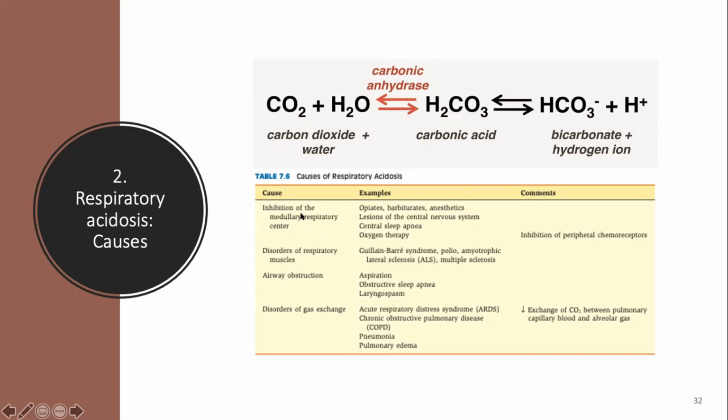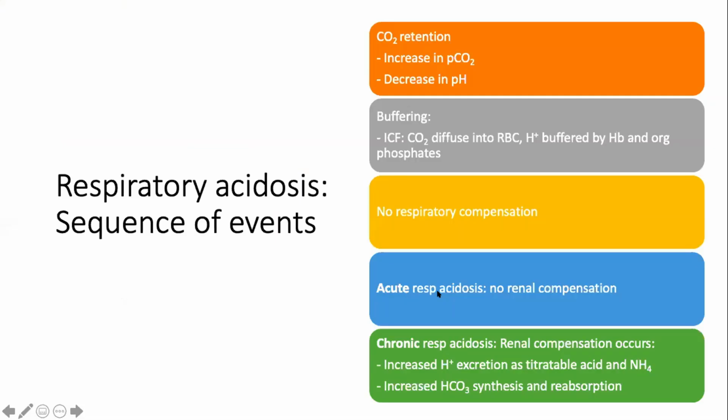Other causes: if you think about the regulation of the respiratory system, it comes from the brain, and from the brain it goes down and gives the information to the respiratory muscles. So anything that affects the respiratory muscles, any CNS conditions, may affect that. And anything affecting the airway or the gas exchange may also cause carbon dioxide retention.